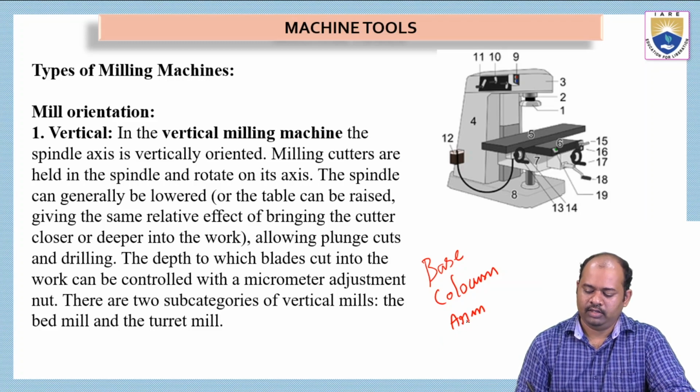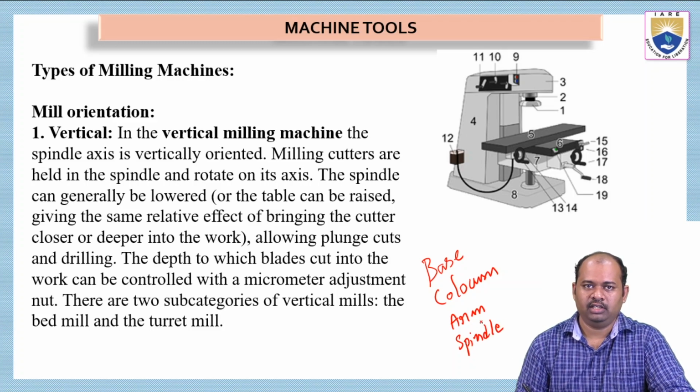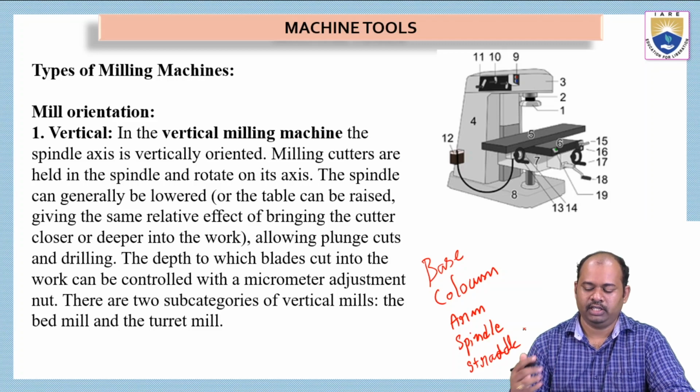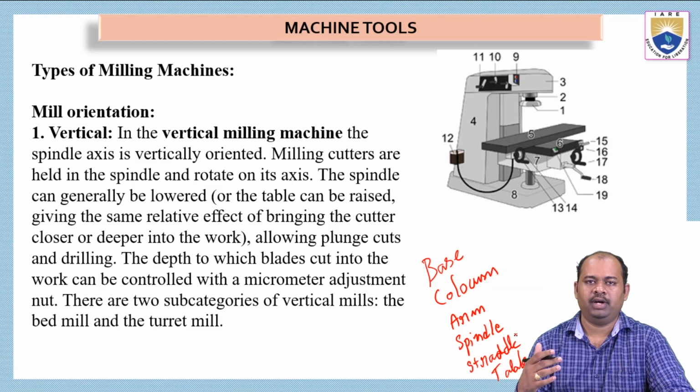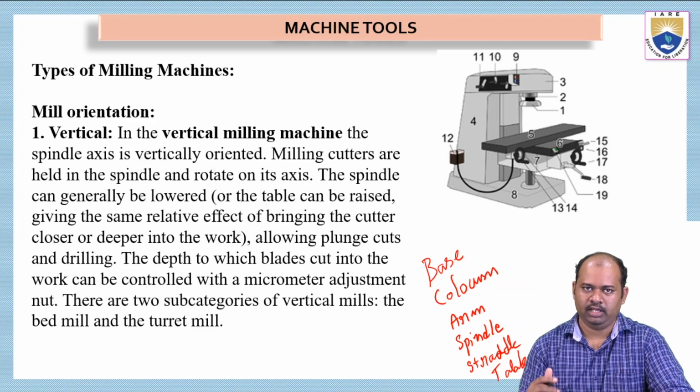And then we have the spindle. Spindle is the one which is rotating along with the cutting tool. And then we have the straddle. Straddle is the one which is holding the table, and upon that we have the table. So like this, different parts of a milling machine are there.